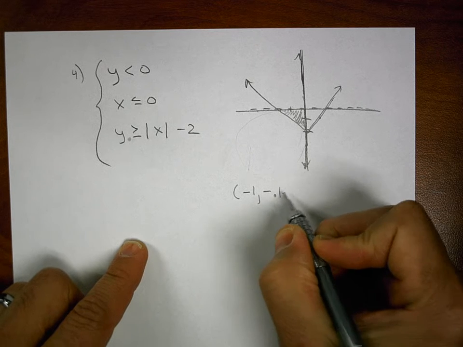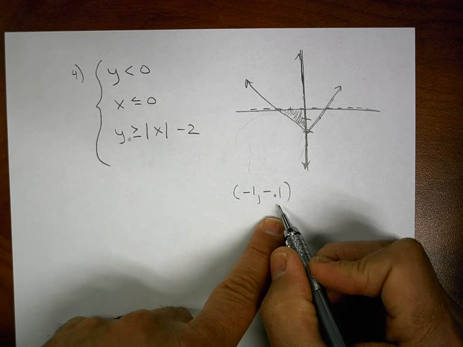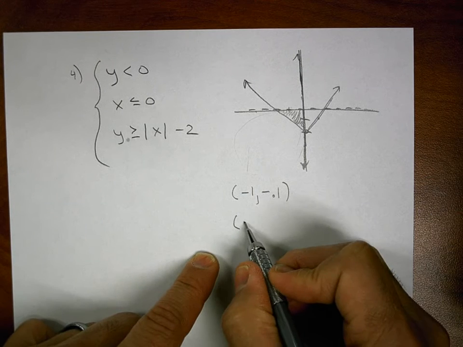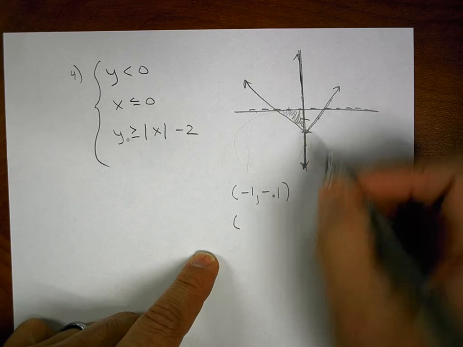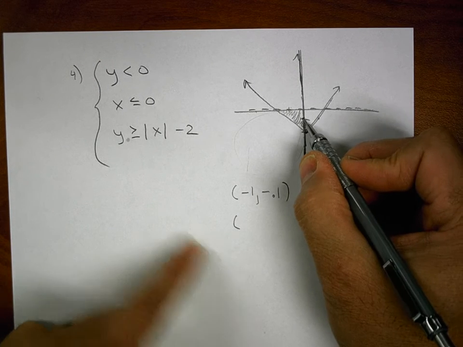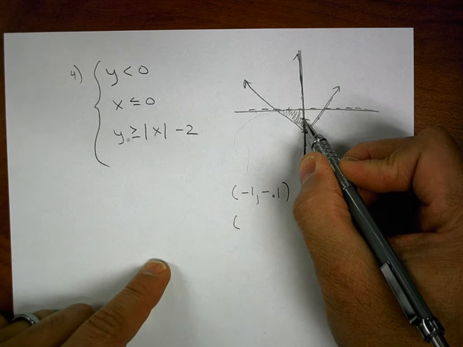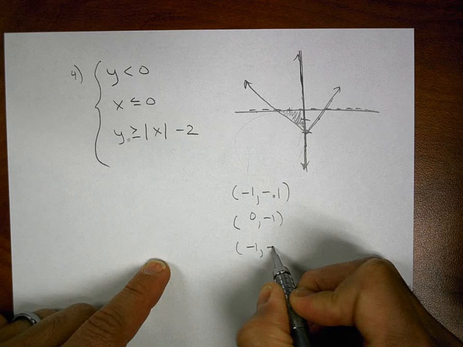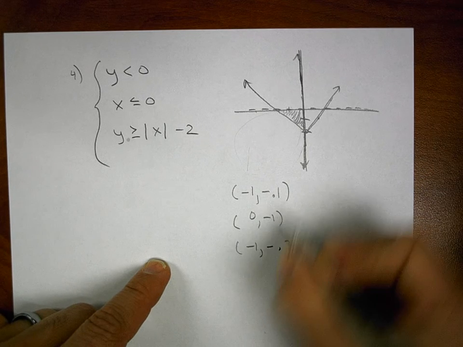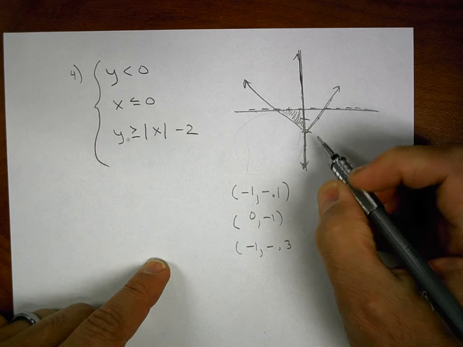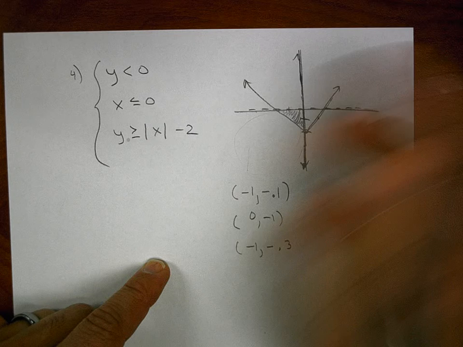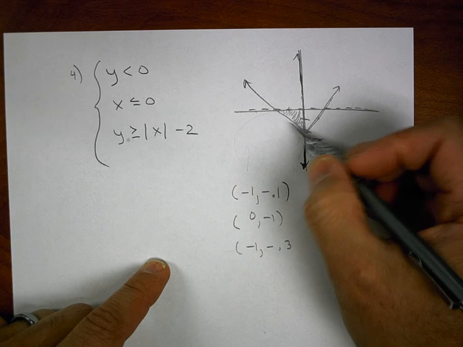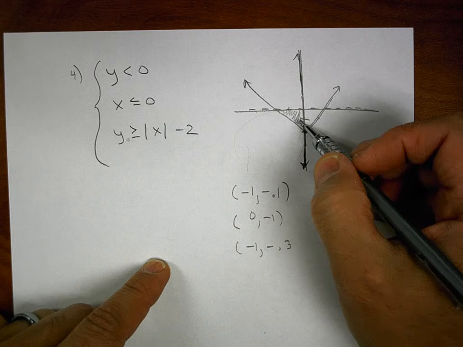How do we know for sure that that's in the shaded? We do. Okay. 0, -1. If this is on a solid, which it is, I'd say that'll work. 0, -1. -1, -0.3. Right? Does that make sense? We can come up with a million points. A little smaller area, but we can come up with them. There's a lot of different points.